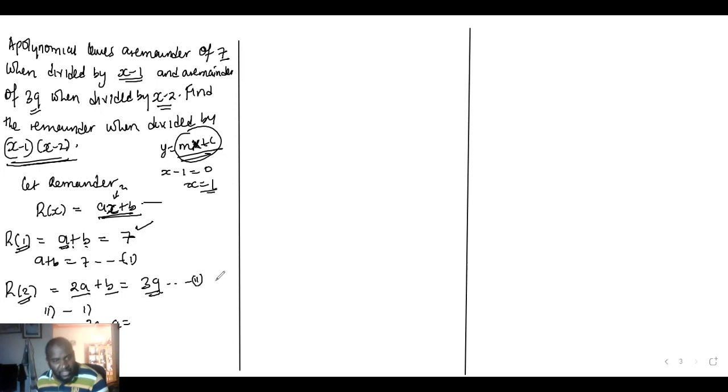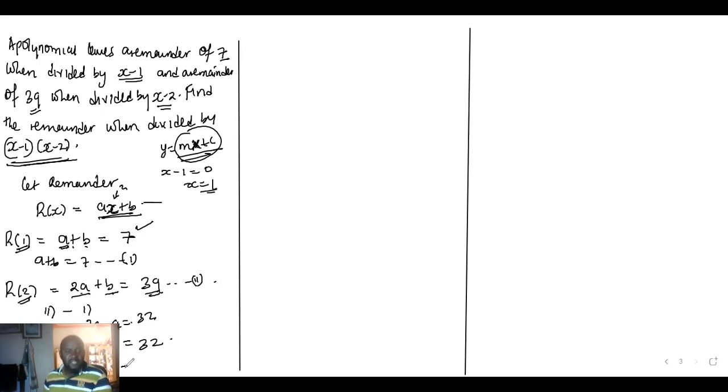By subtracting equation 2 minus equation 3, b minus b is 0, and 2a minus a, you get a. 39 minus 7, you get 32. So a is equal to 32. If a is 32, we can get b.